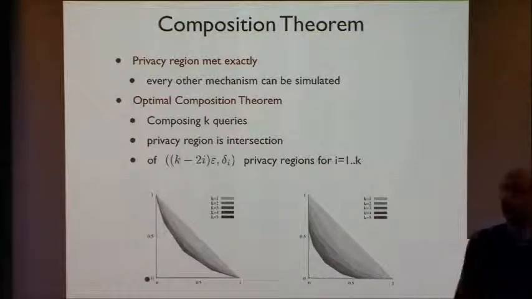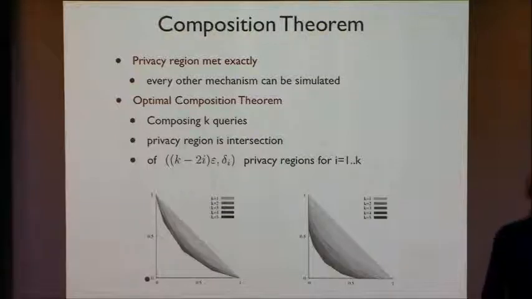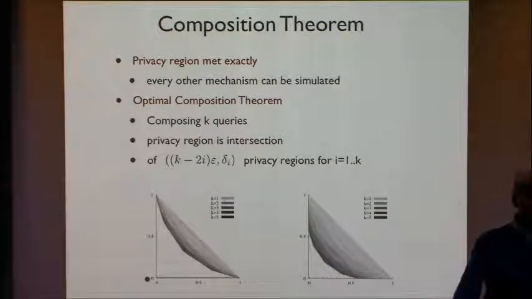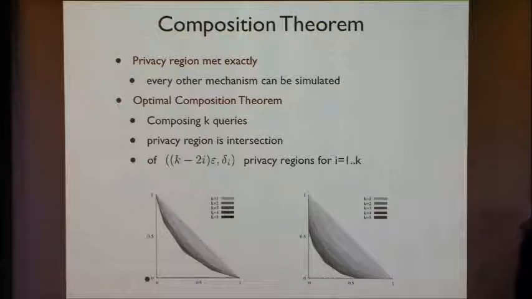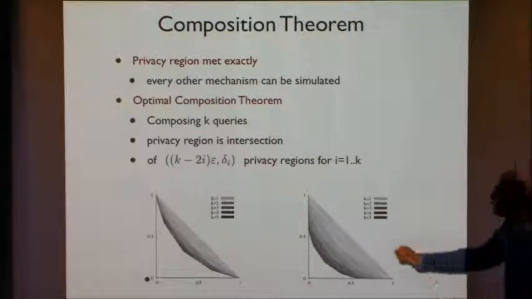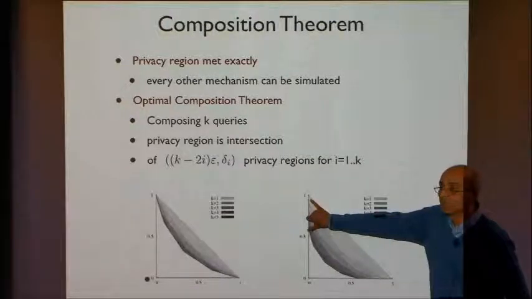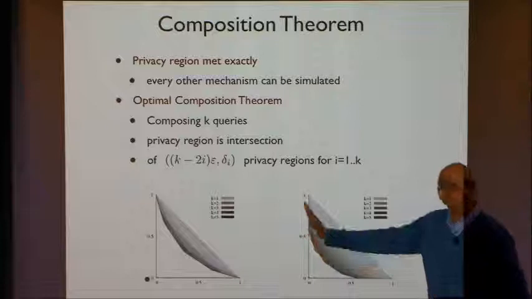This is typically not how papers in the literature are written when you compose queries. Usually you look at, for a given delta, how much epsilon tilde the end-to-end composition was. How do you go from the region to an epsilon-delta characterization? Well, delta is just the intercept, and epsilon is the corresponding slope.